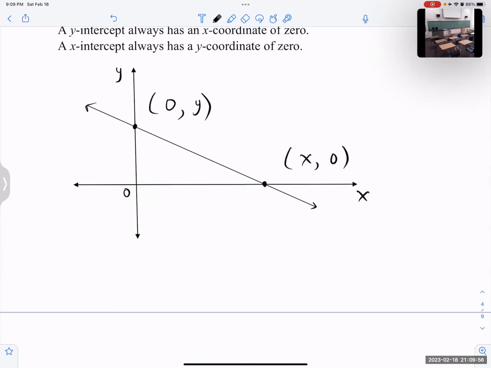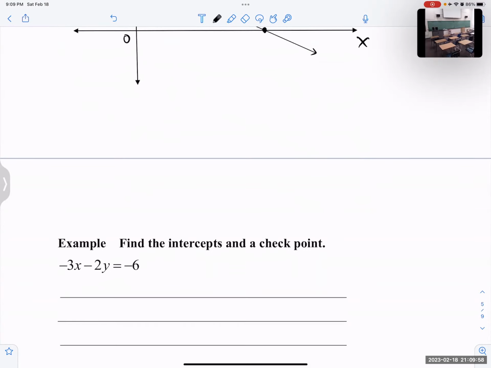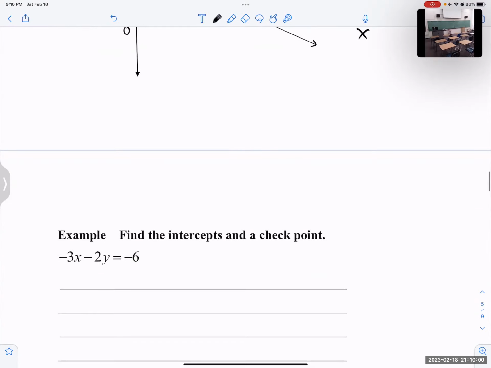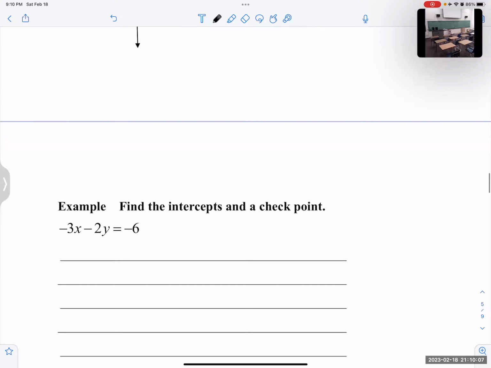So we use those facts to answer this question. What are the intercepts of this given equation, and find a checkpoint? So we're going to let x equals 0, which just means substitute 0 for x, and that will eliminate that x term.